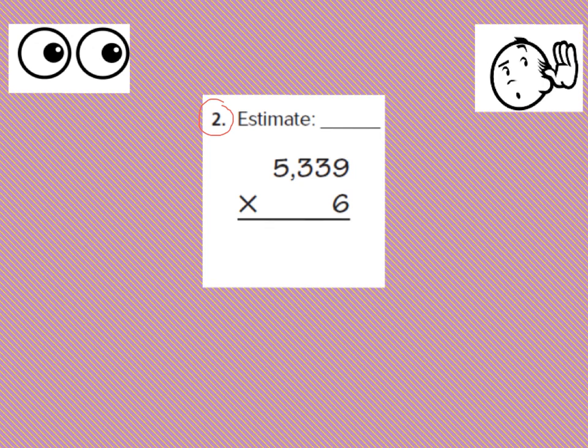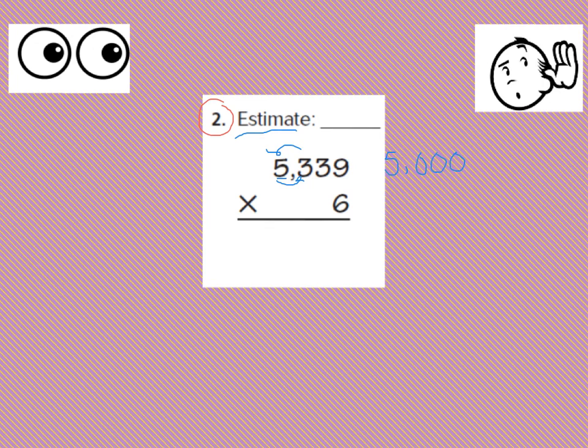But before I can do that, I need to estimate. Now, we know when we multiply that we need to round to find an estimate. I'm going to round my 5,339. I'm going to round it to the thousands place. My 3 tells my 5 to stay a 5. Everything behind becomes a 0.